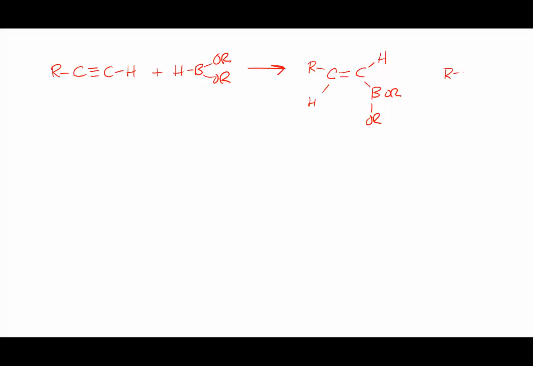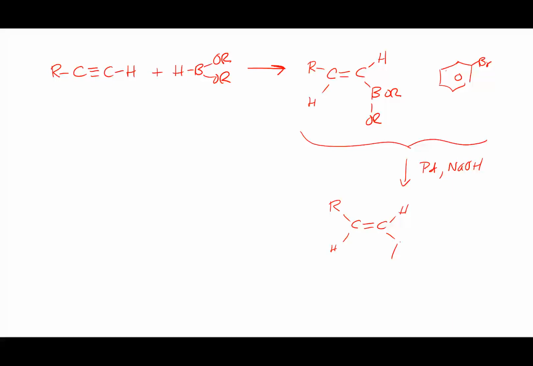And then whatever my alkyl halide is, I'll just keep it as a benzene ring. I'll take bromobenzene. I'll now do Suzuki coupling on these two using palladium and NaOH, and now I'm going to basically replace the boron group with the benzene ring. So I'm able to make that molecule.